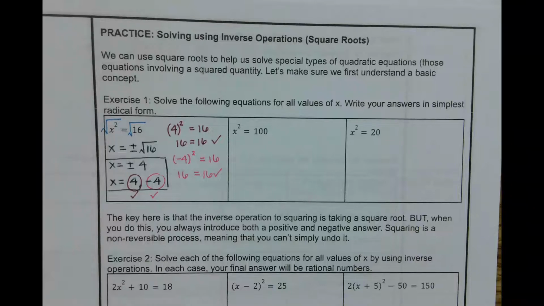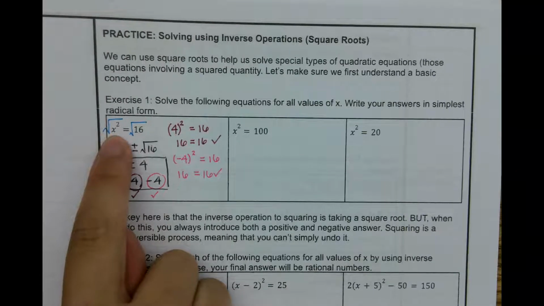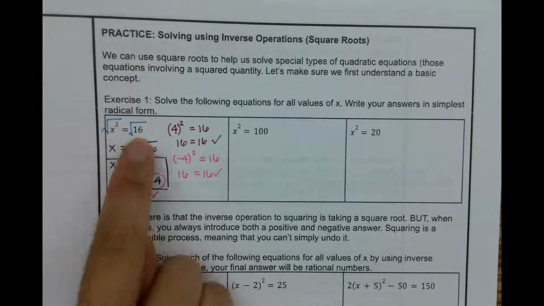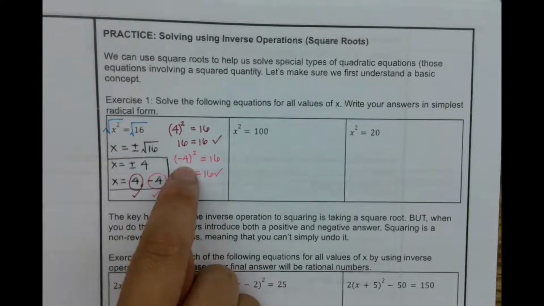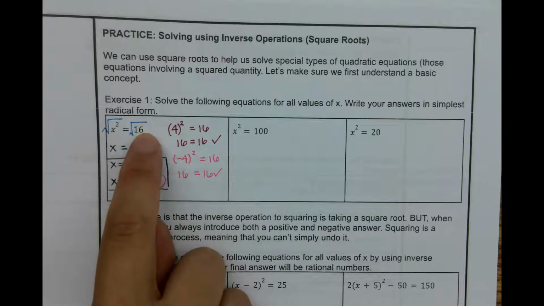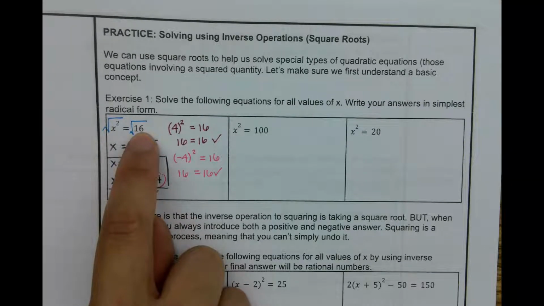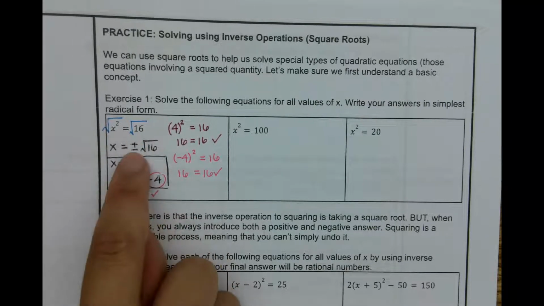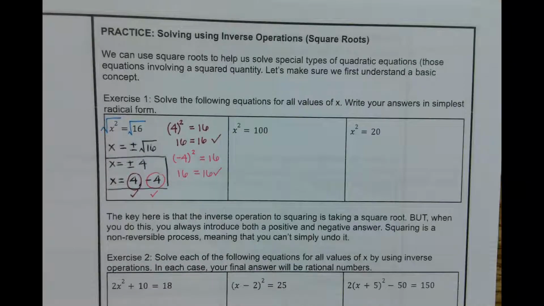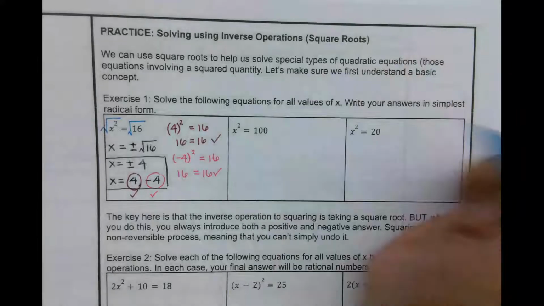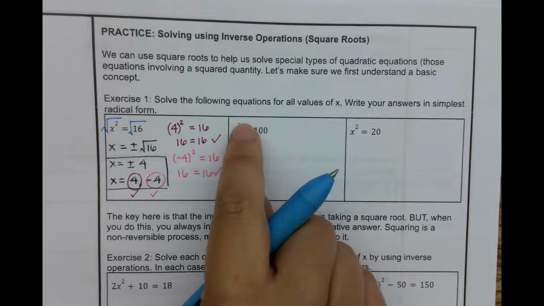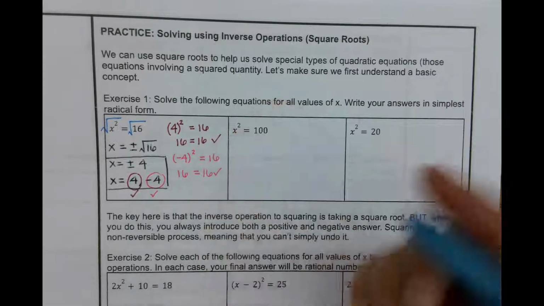So when we square root, we know that whenever we square anything, it turns positive. Whether it was a positive 4 or a negative 4, when we squared it, it would still give us a positive 16. So when you square root for a variable, make sure to have that plus or minus. Let's do the next one. We have x squared equals 100. I want x by itself, so the opposite of square is to square root.